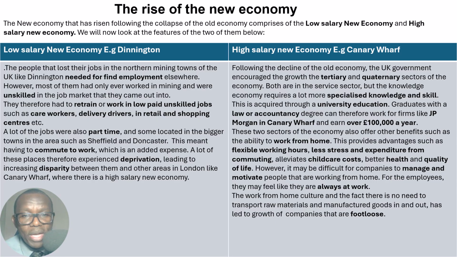So the new economy that has risen after the decline of the old one can be categorized into two different categories here. I have summarized one under low salary new economy, and the second one, high salary new economy. Now the example for a low salary new economy is Dinnington, which is in the north of the UK, like we had mentioned earlier.